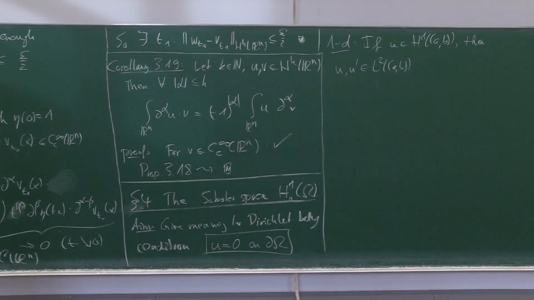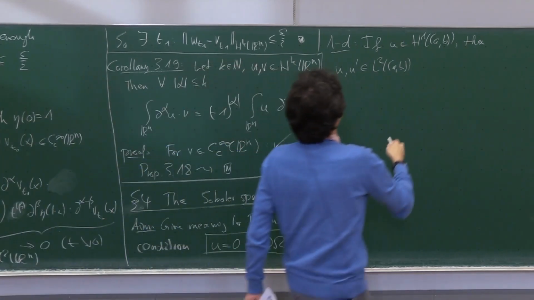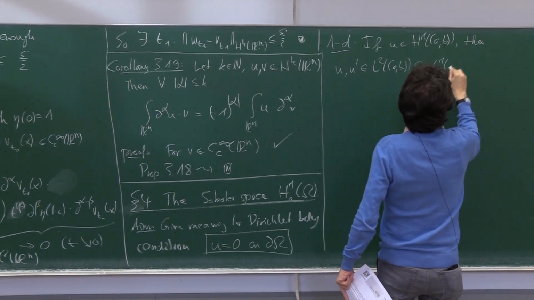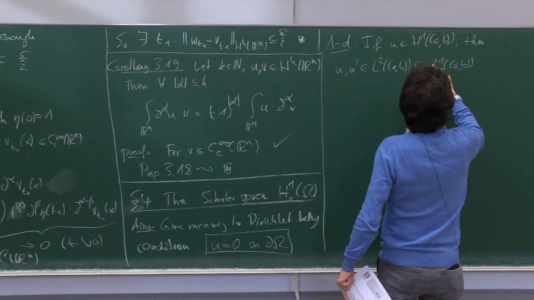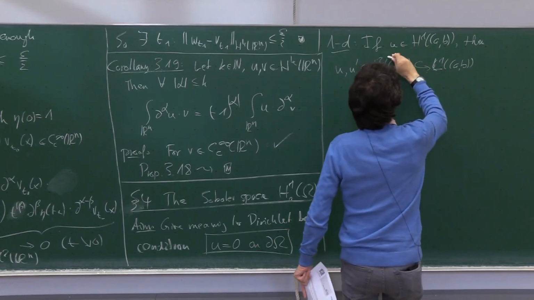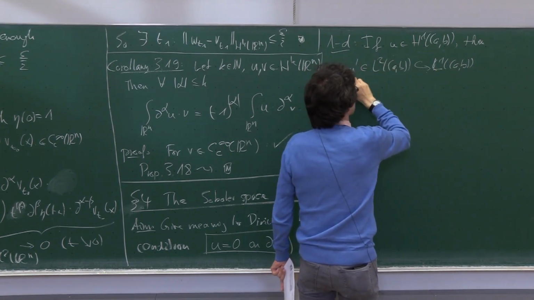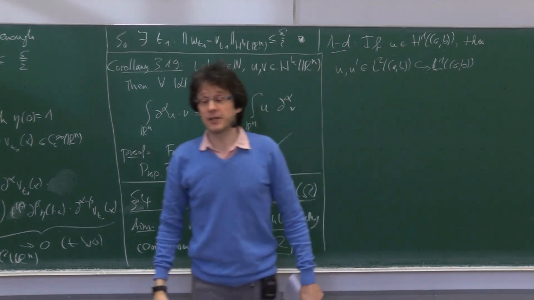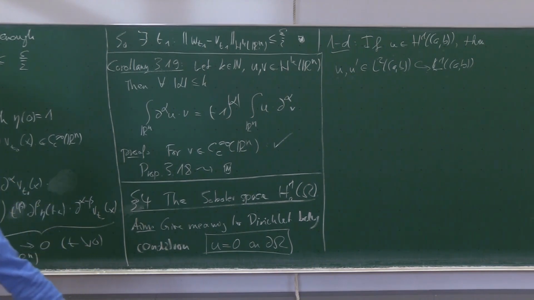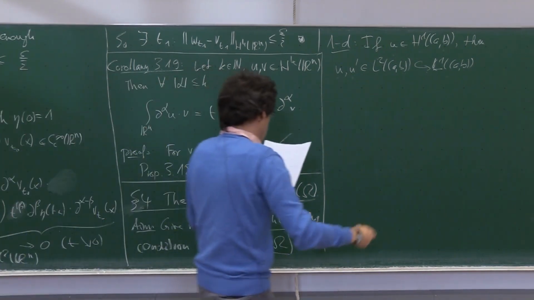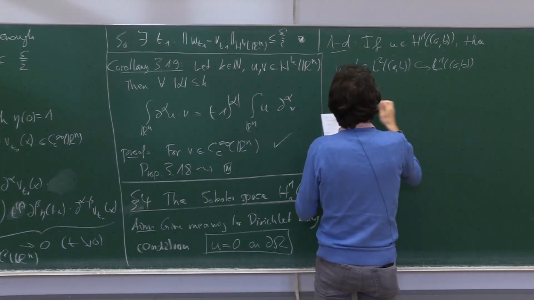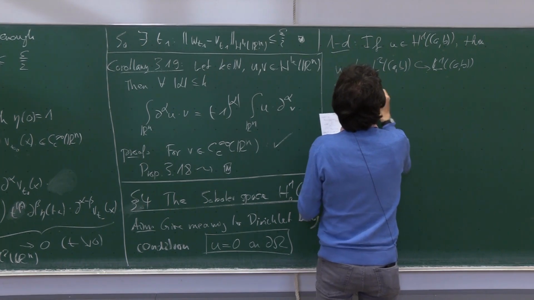And for finite measure spaces, L2 is embedded into L1. So this means that if you have a function u in H1 of a bounded interval, then u and u prime are both in L1. So the function u is absolutely continuous or has a continuous representative. And so this was Corollary 3.14.